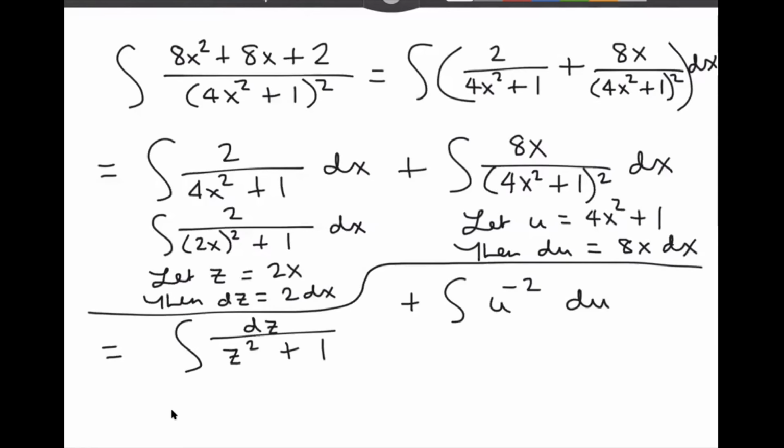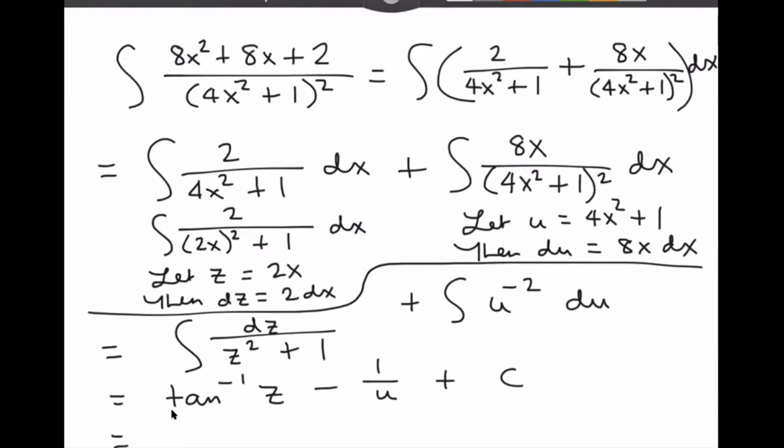All right. So this is going to be just inverse tangent z, right? And this one here is going to be minus 1 over u, right? Because it's u to the negative 1 over negative 1. And it's not about u, it's not about z, it's all about x.